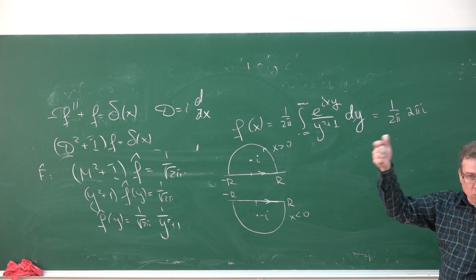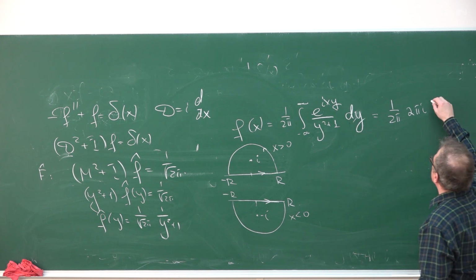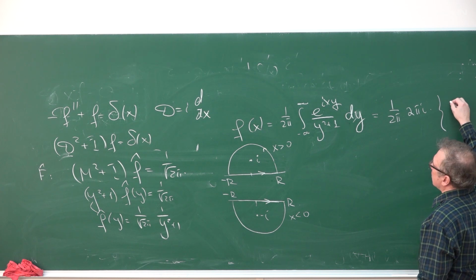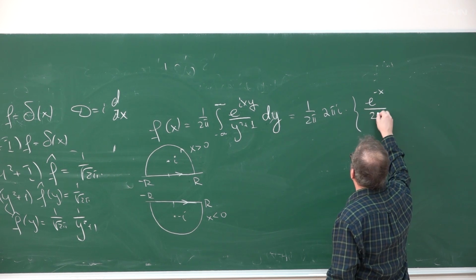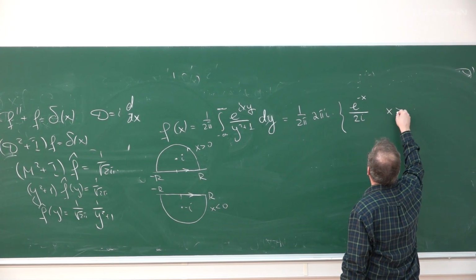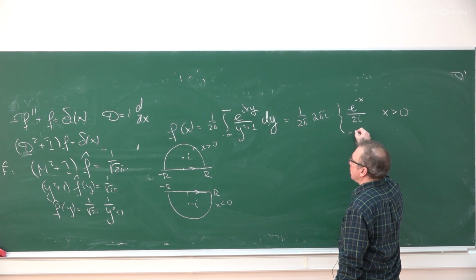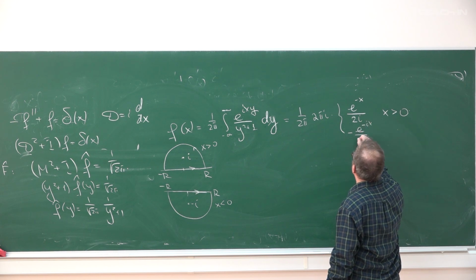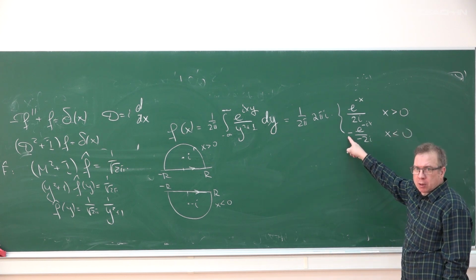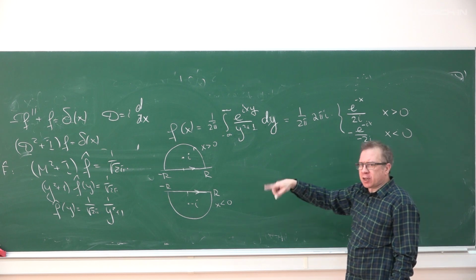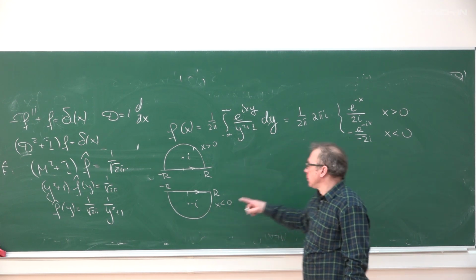Should I remind you something about residues or not? It is a known fact, yes? Okay. And minus, here an additional minus because we have the negative orientation of the contour, and another sign of the pole.